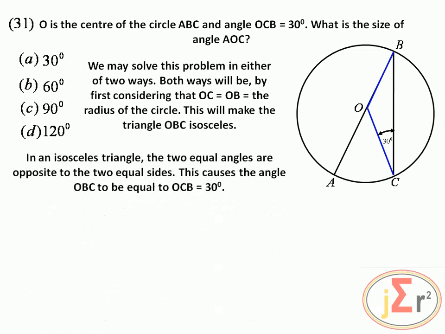In an isosceles triangle, the 2 equal angles are opposite to the 2 equal sides. This causes the angle OBC to be equal to OCB, and of course it will also be 30 degrees.